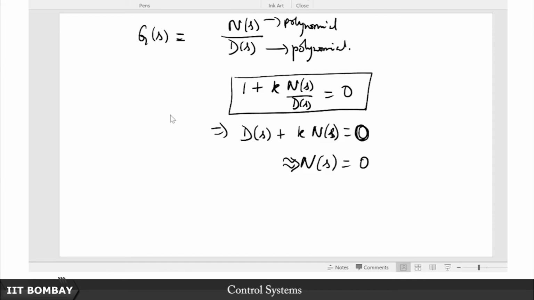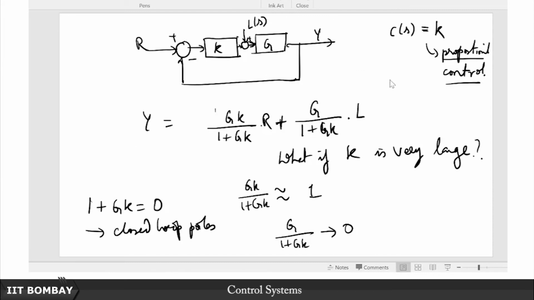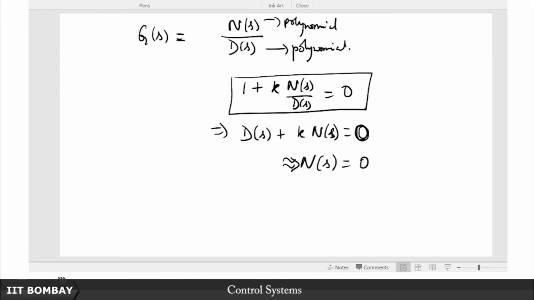So that is what prevents us from employing this seemingly good idea of using very high values of k in a proportional control setup like this. That is why we should be a little more careful and devote some attention to the study of systems, or the errors of the systems, for these different types of inputs.